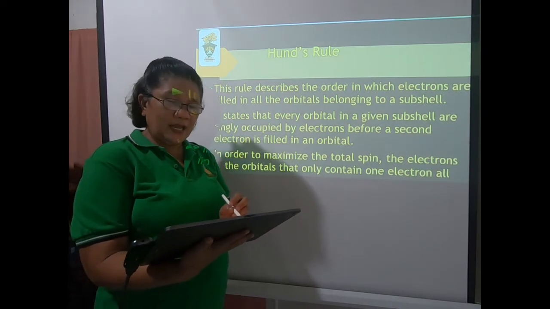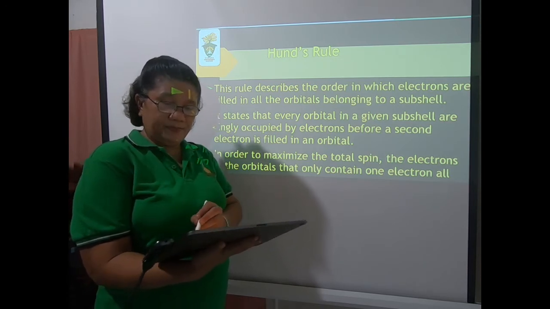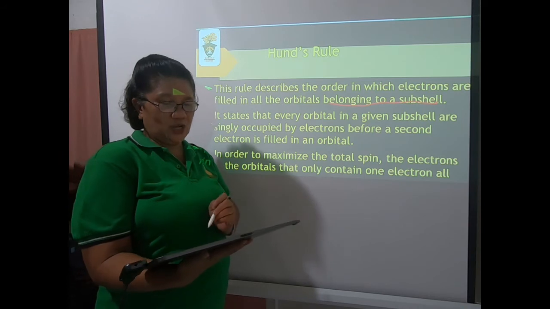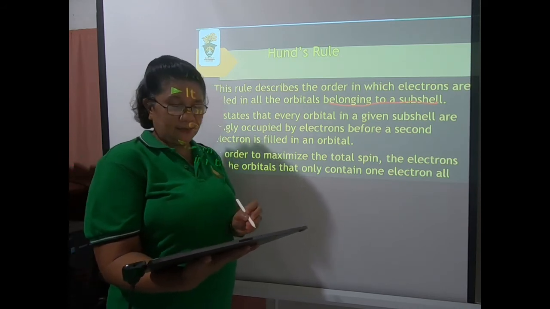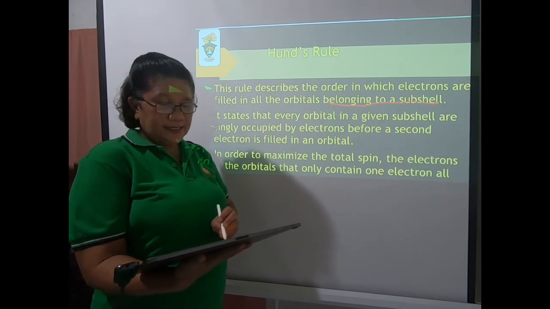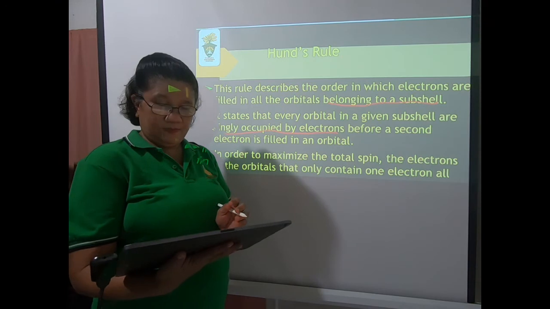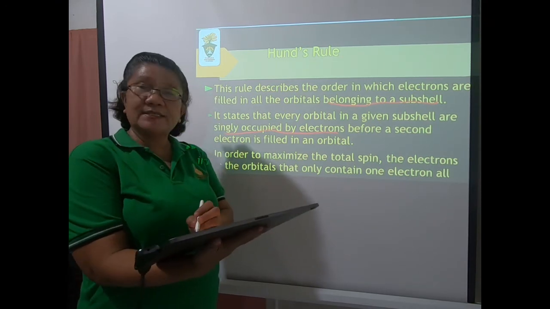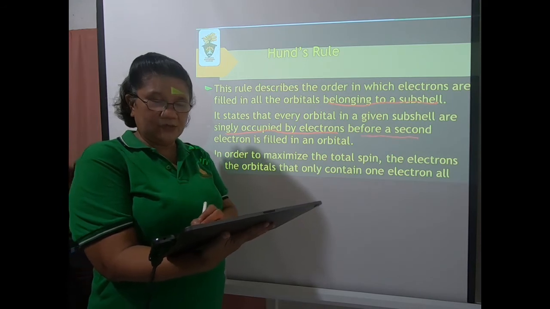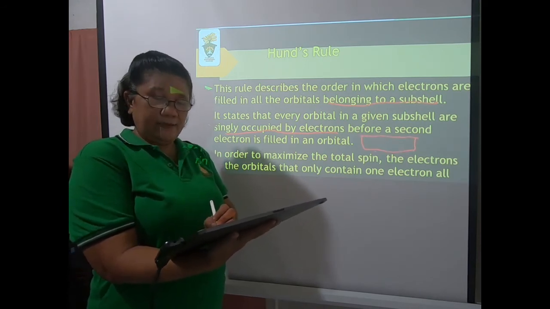This describes the order in which electrons are filled up in the subshell. It states that every orbital in a given subshell will be singly occupied by electrons before the second electron is filled up. For instance, this is p.